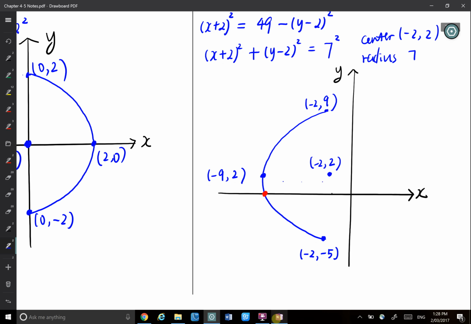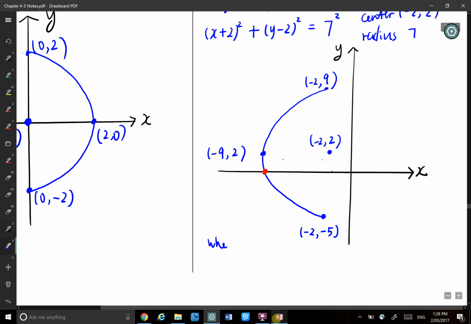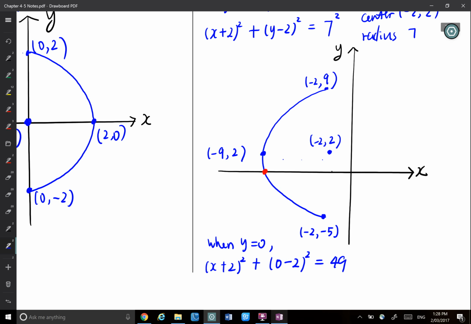So I will make y equal to 0. When y equals to 0, it's x plus 2 squared plus 0 minus 2 squared equals to 49. Do not put in the very original one, okay? Just use the full circle equation to solve for it. The whole circle equation is easy to deal with compared to the semicircle one.